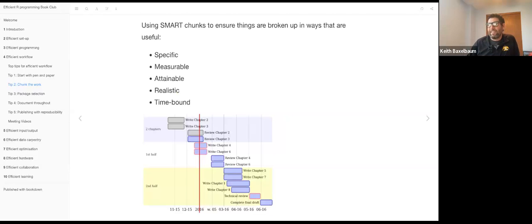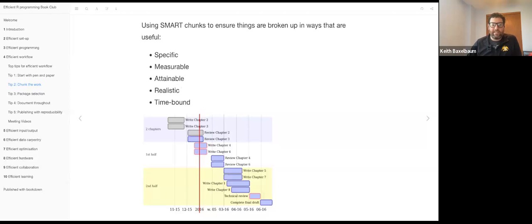So yeah, they emphasize chunking in these SMART goal type approaches, which I thought was a good way to think about it, which is to say, rather than say I have a chunk that's called programming, which is this amorphous blob of countless different subtasks, let's identify our tasks in ways that are tractable, right? So the SMART framework is that each goal should be specific, measurable, attainable, realistic, and time-bound, right?